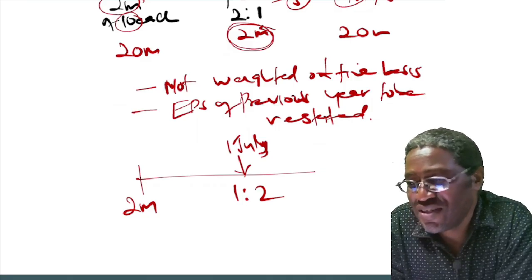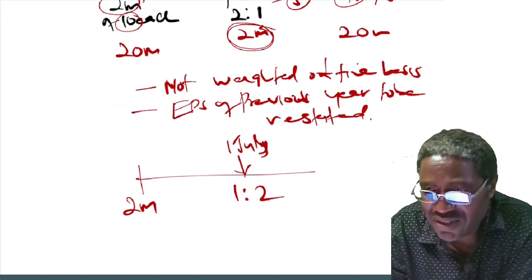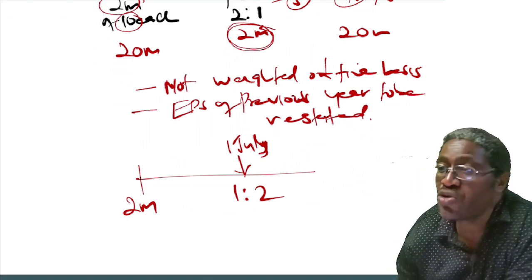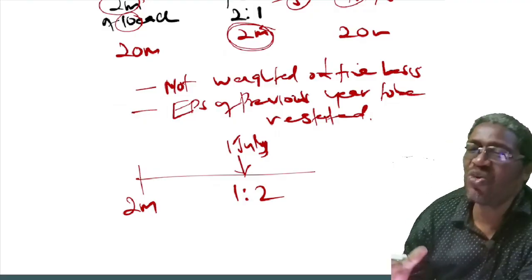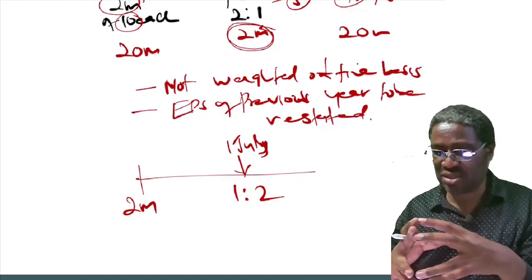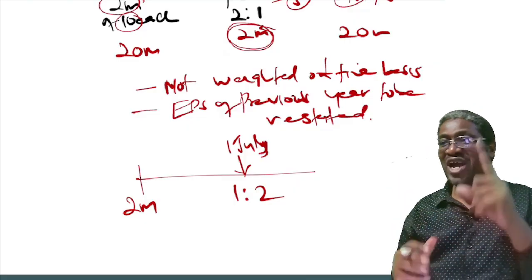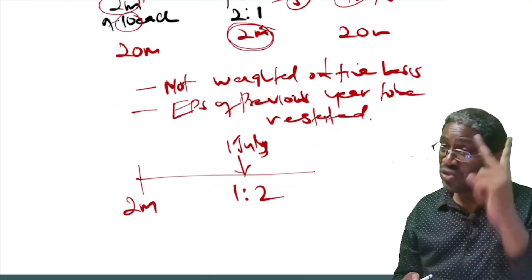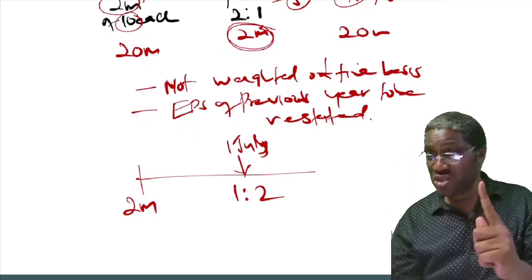Good. Now you are getting my point. So we are consolidating. This time we are consolidating the shares. We had 2, and we are issuing 1 share for every 2.